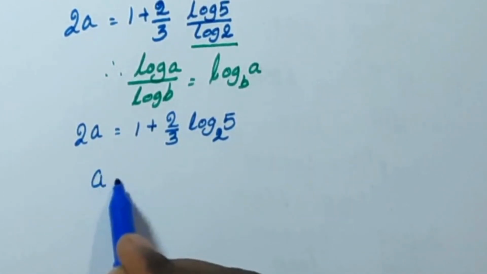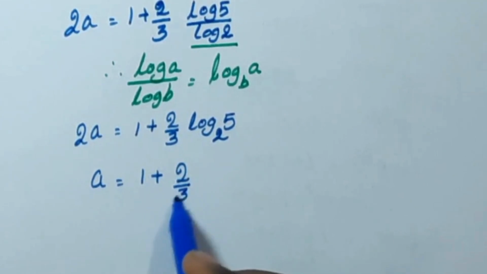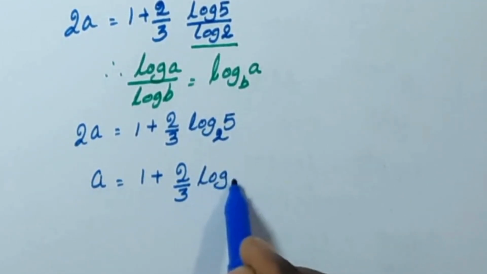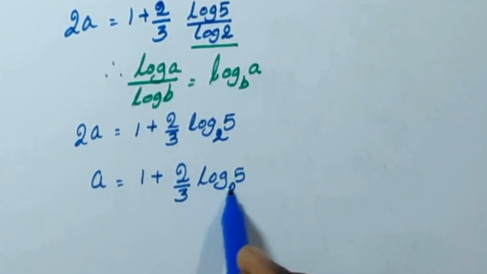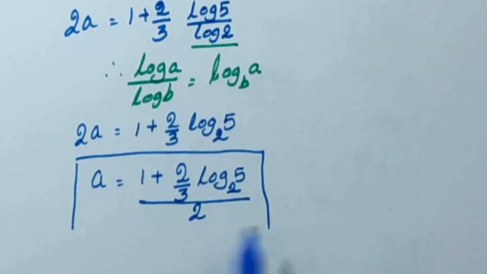Now a = (1 + (2/3) log 5 base 2) / 2. This is a.